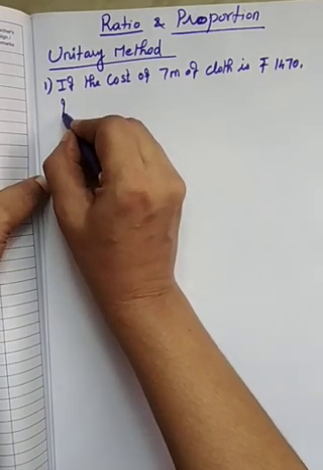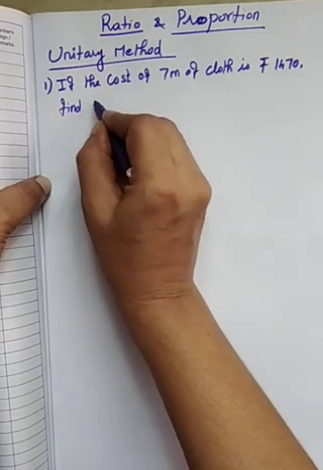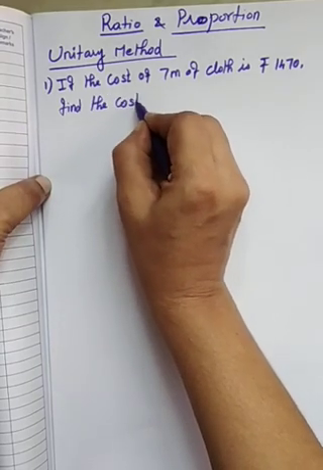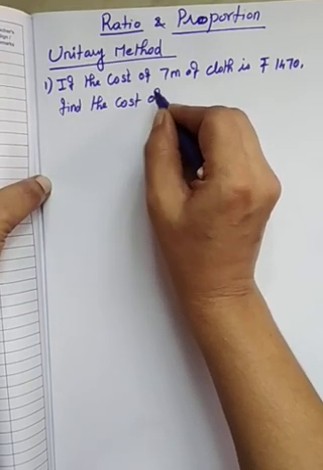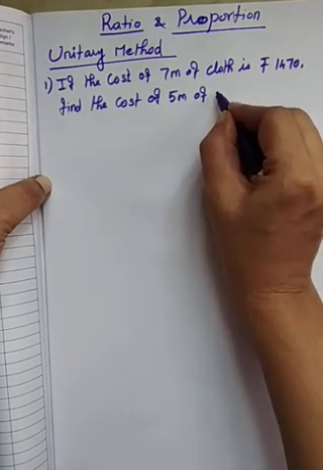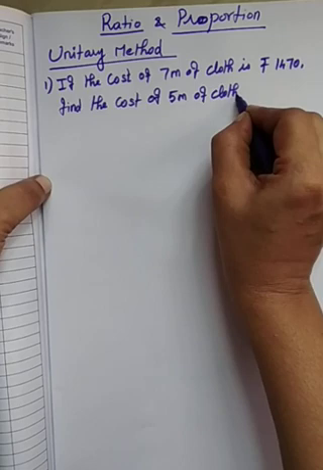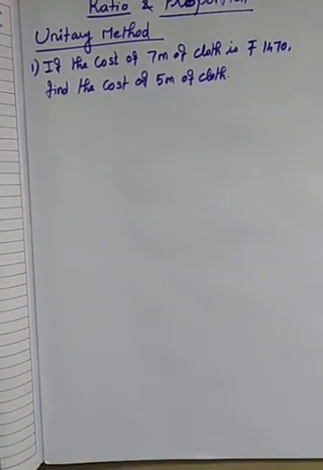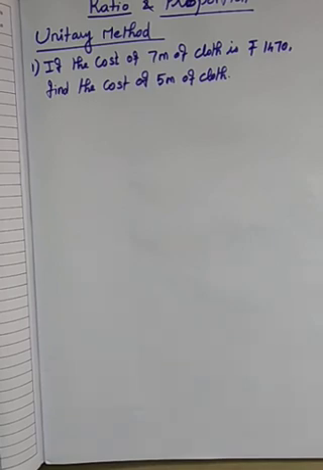Find the cost of 5 meter of cloth. Okay, see here the question is, if the cost of 7 meter of cloth is rupees 1470, now we have to find the cost of 5 meter of cloth.